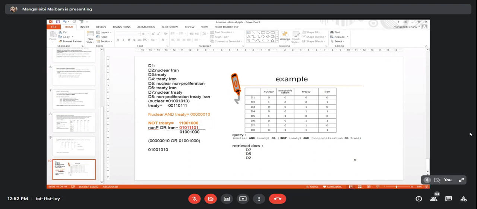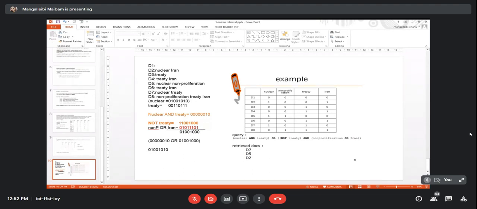In document D5, we have a hyphenated word. Hyphenated word will be considered as one word. So nuclear is 1 term, non-proliferation is 1 word. And document D6, treaty is 1 term, Iran is 1 term.